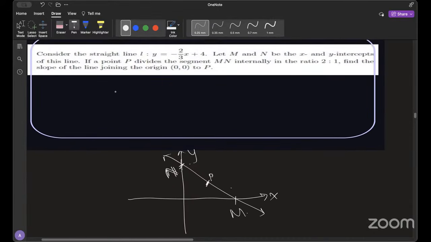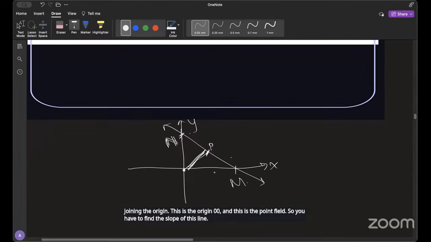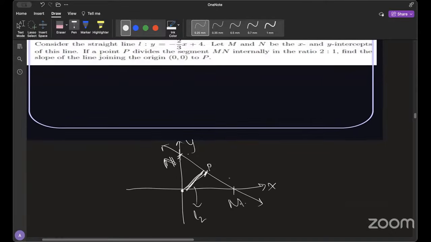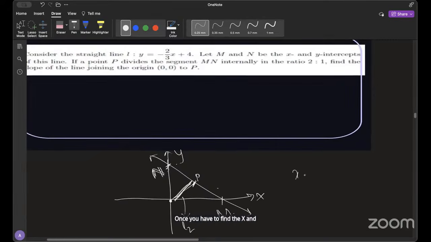Then find the slope of the line joining the origin. This is the origin 0, 0, and this is the point P. So you have to find the slope of this line, or this L2. First, you have to find the x and y intercepts. For the x-intercept, you put y equals 0.